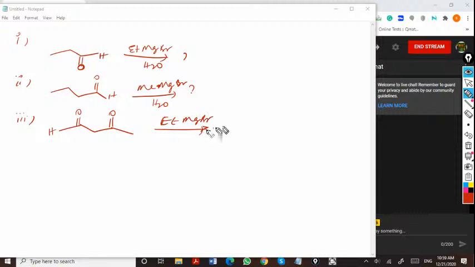In the third, which is going to react, the aldehyde or the ketone? The aldehyde has more reactivity towards the nucleophilic addition reaction, so the aldehyde must be reactive.